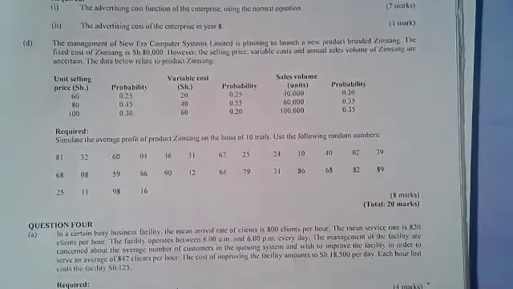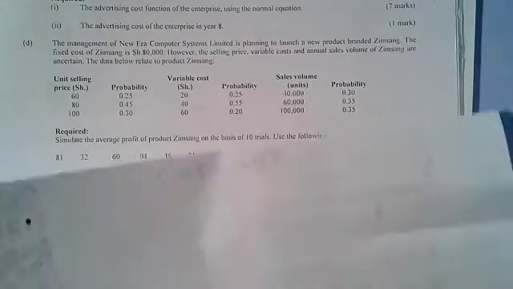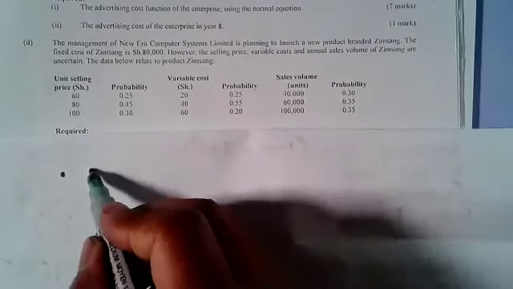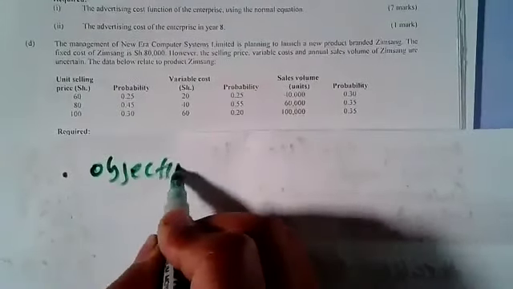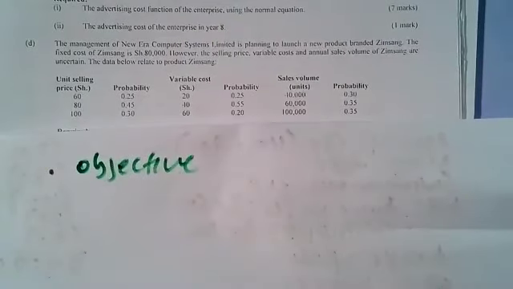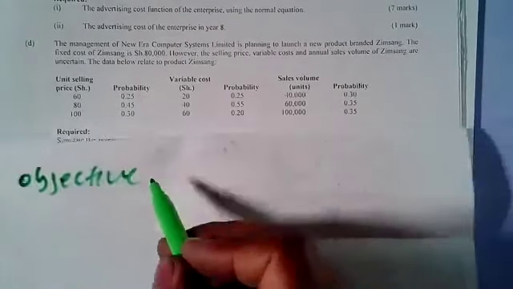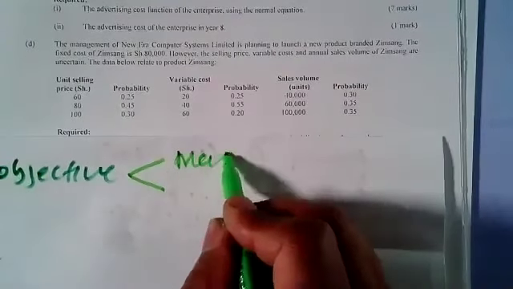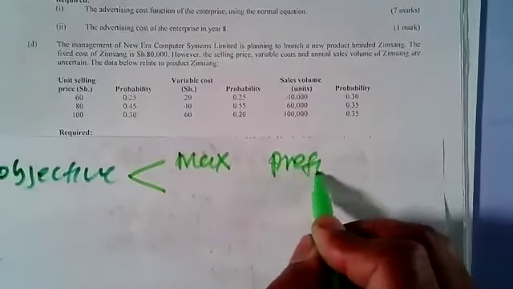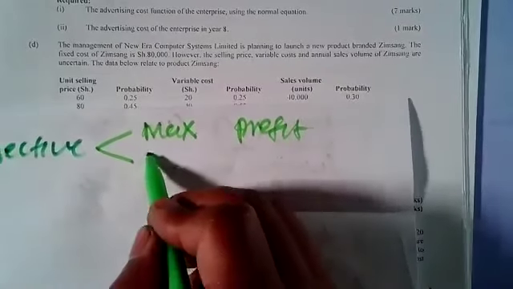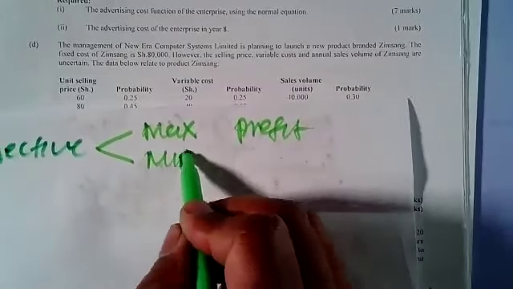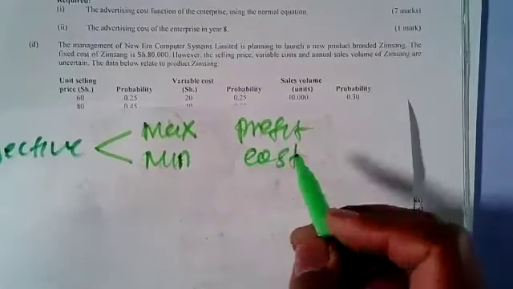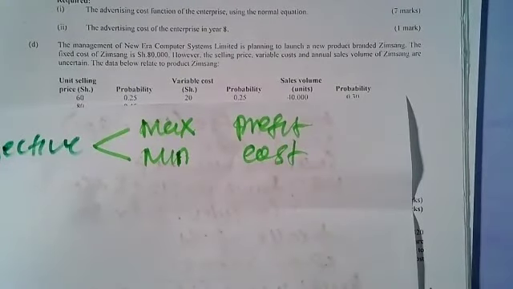So if I take you back, we say that step number one, you have to identify the objective. After you identify the objective, in business, we have two major objectives. One, it's either you maximize on profit or you minimize on cost. Those are the two major objectives of any entity.